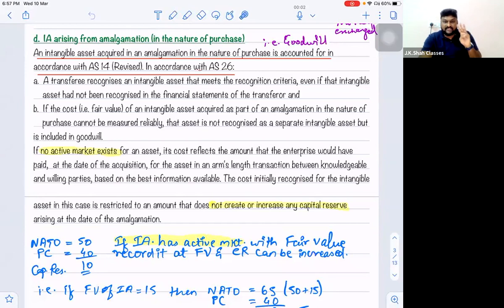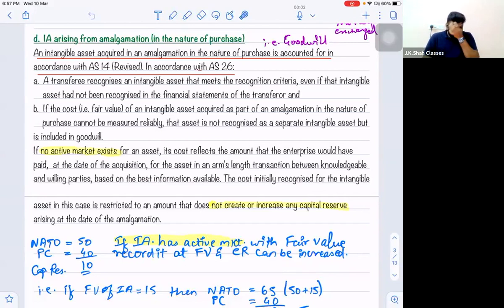The business of the selling company should be continued by the buying company. Cash can be paid only for fractional shares. Statutory reserves should be maintained as they are. Other reserves can be distributed. These are all the points, but sir, this is not the time to discuss those, because that is not our area of operation now. Our area of operation is to understand the logic of the intangible assets arising in amalgamation.